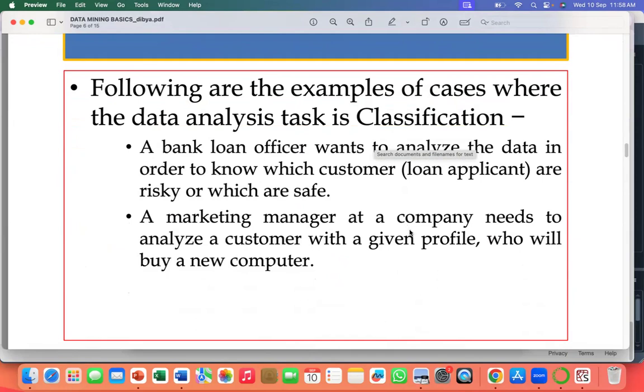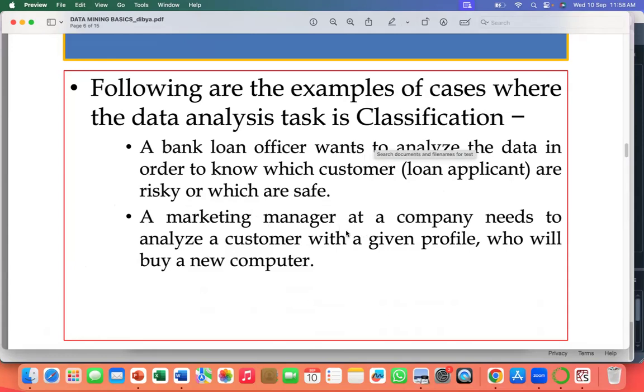Because if you are giving the loan, you have to know whether the customer is in a position to safely return the loan, or whether there is some kind of risk, meaning we cannot trust that customer. So we have to analyze his details. In that case, we have to classify the customer as either a risky or a safe one.